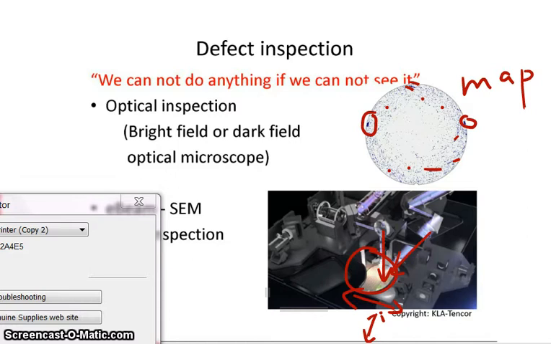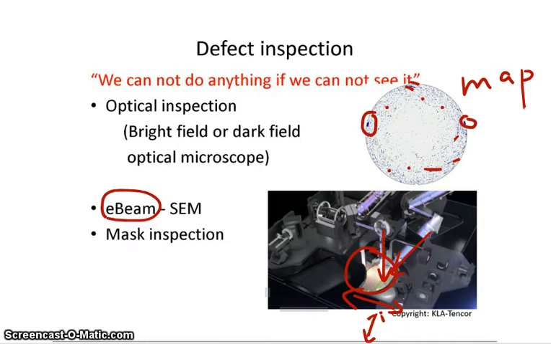A different way is to use E-beam. The electron has much shorter wavelengths, which can give us enough resolution. Most of the images I showed before are from SEM pictures. Those can give us a very nice image and show the shape, location, etc. of the defect.